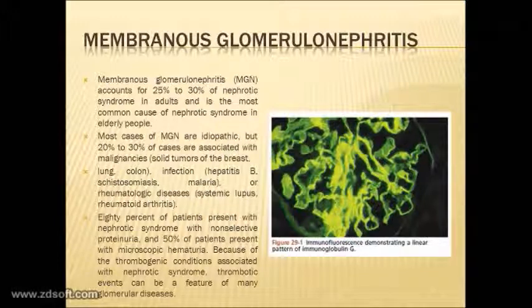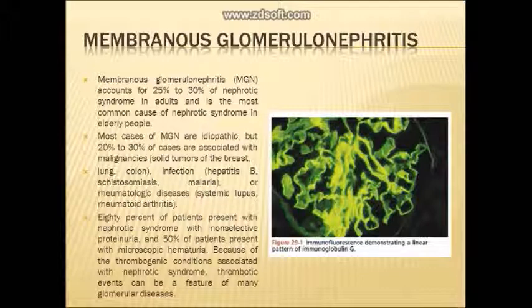Most cases of MGN are idiopathic, but 20 to 30% of cases are associated with malignancies, solid tumors of the breast, lung, colon, infections like hepatitis B, schistosomiasis, malaria, or rheumatologic diseases, systemic lupus, rheumatoid arthritis. 80% of patients present with nephrotic syndrome with non-selective proteinuria, and 50% present with microscopic hematuria.